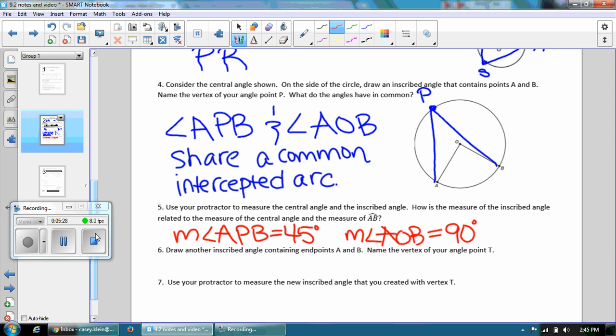Draw another inscribed angle containing points A and B, and let's name this vertex point T. I'm going to use a different color to represent the other angle.